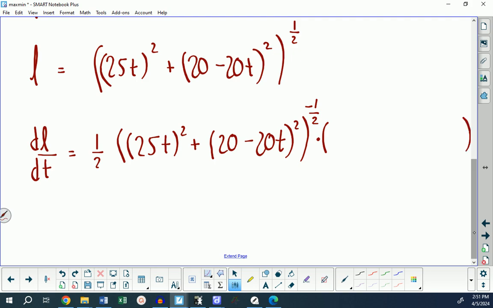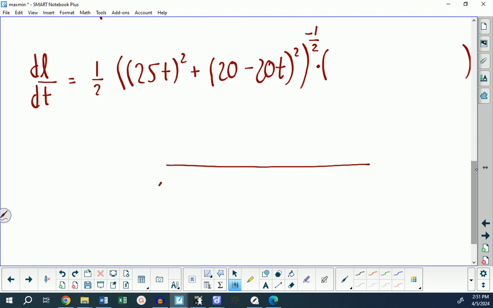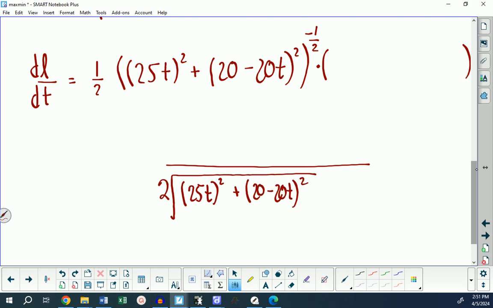But this whole leading thing, except for the half, has a negative exponent, which is going to put it on the bottom where solutions don't reside, or very rarely reside. And by the way, when you put this on the bottom, it can't equal 0. Let me write that out for you. We're going to have on the bottom a 2 and a square root of the quantity 25t squared plus 20 minus 20t squared.